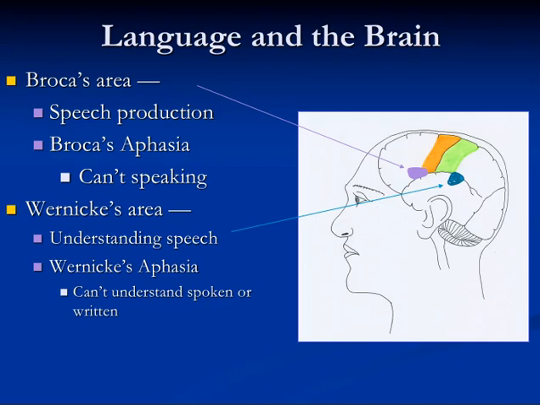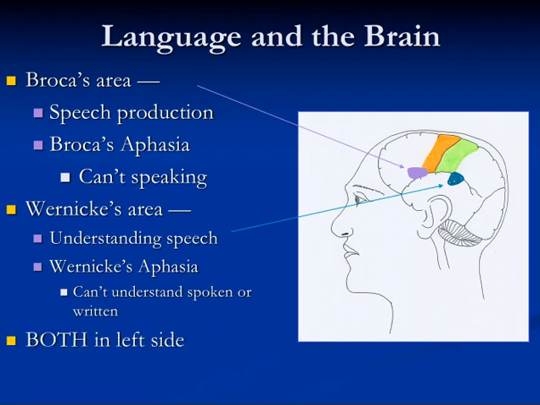So in Wernicke's aphasia, they can't understand spoken or written language. They can kind of mutter and they can say things, but it's just gibberish. So their production is not having a problem in Wernicke's aphasia, but their comprehension is having a problem.